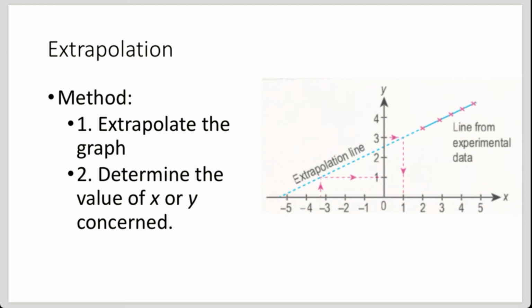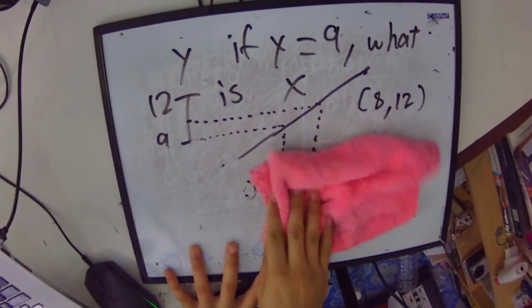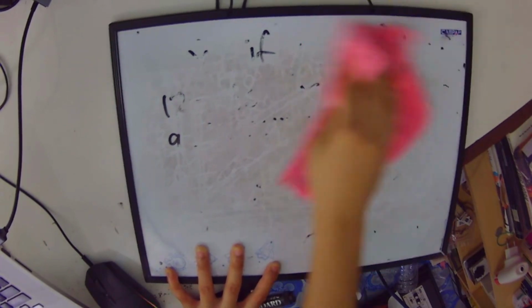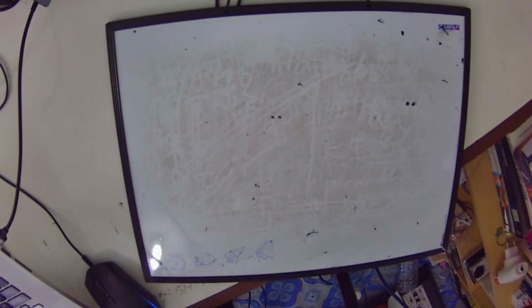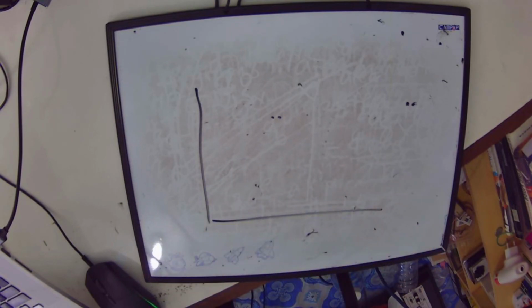Kita bayangkan graf ini dipanjangkan. Dan dari garisan yang kita panjangkan itu, kita membuat ramalan nilai X ataupun Y. So the difference between interpolation ialah interpolation dia menggunakan garisan yang sedia ada.